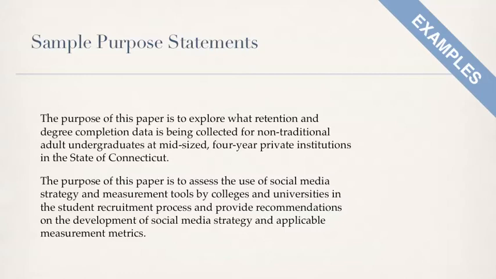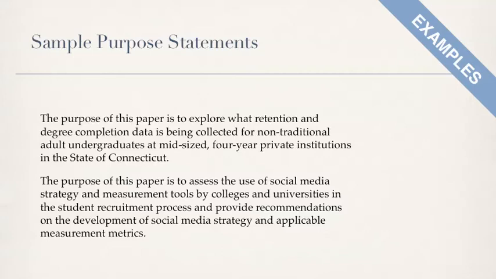So let's look at this one more closely. First, we see again the purpose of the paper, and then that's followed by the verb assess. Assess usually indicates a qualitative study, and it may also have some quantitative elements as well, so it may be a bit mixed methods since there's some indication of measurement metrics.